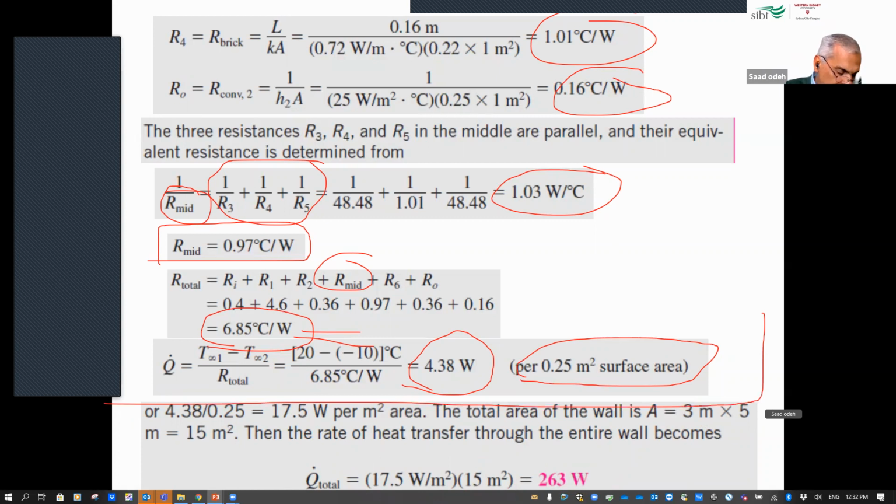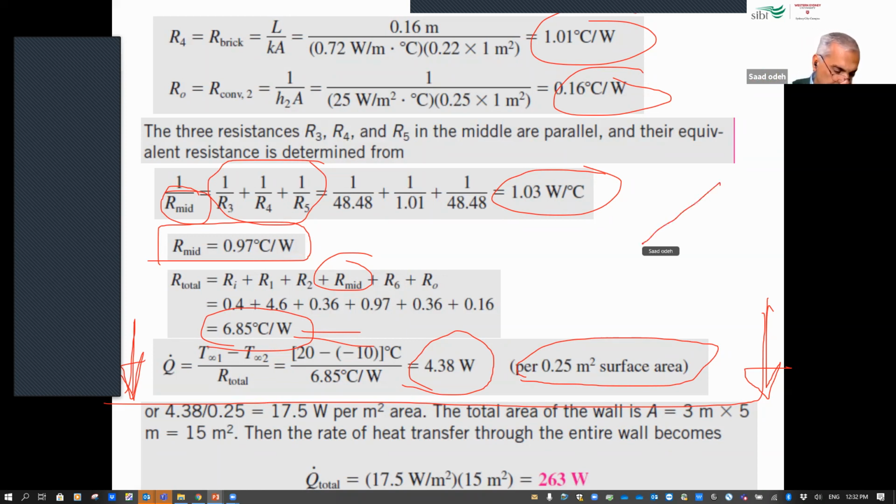This is the important part of the question, because this is when you find the total thermal resistance, and find out the heat transfer through a section of the wall. And after that, the solution becomes easier because you just need to do the ratio of this section to the bigger section of the wall, because the wall is actually identical.